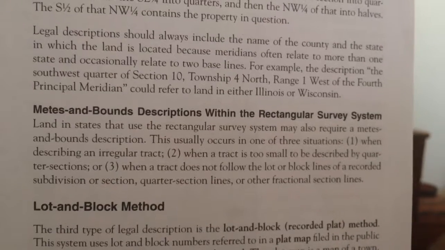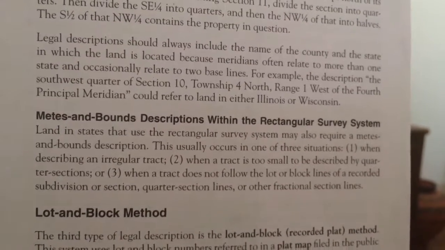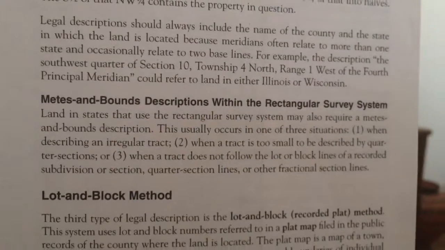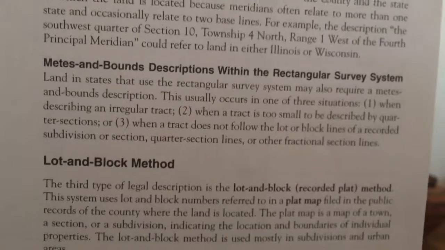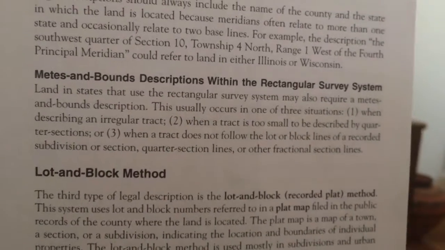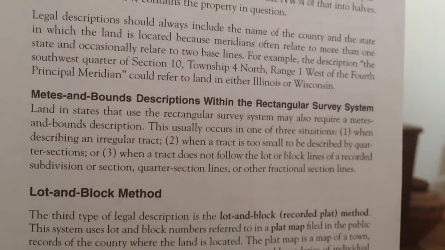Metes and bounds description within the rectangular survey system. Land in states that use the rectangular survey system may also require a metes and bounds description. This usually occurs in one of 3 situations. 1.